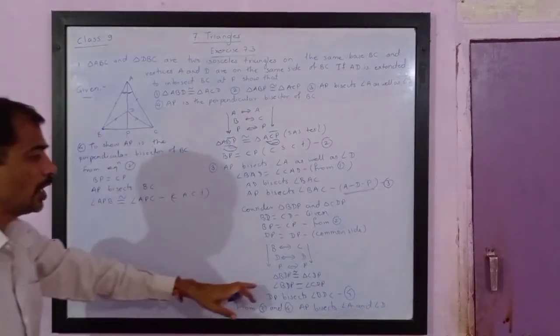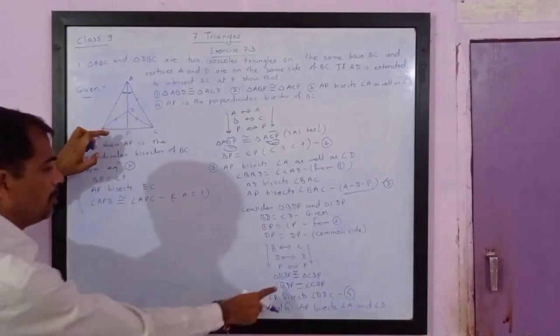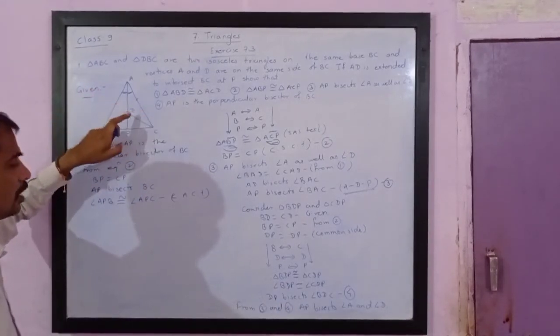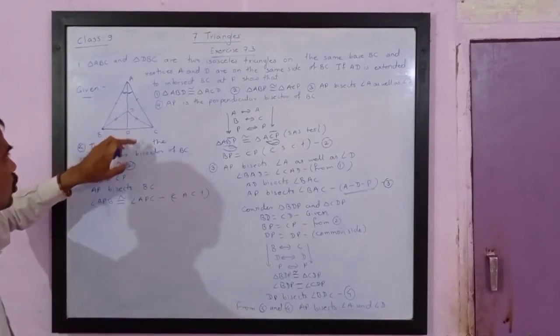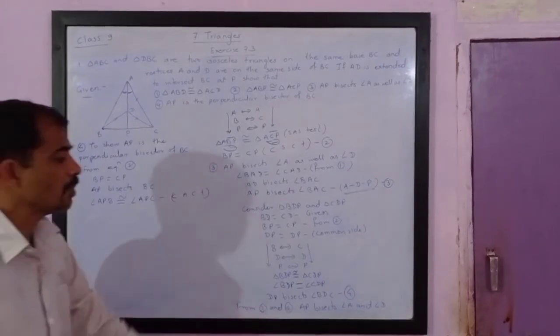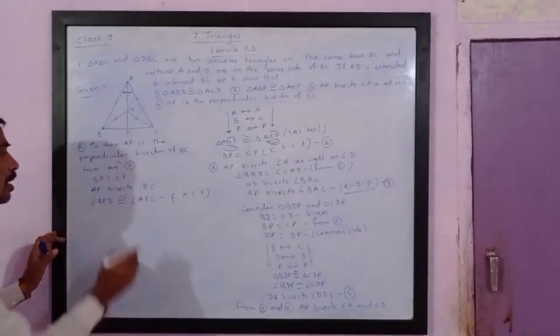Or from here also, we have shown triangle BDP is congruent to triangle CDP, so you will get these angles also congruent, as corresponding angles of congruent triangles.